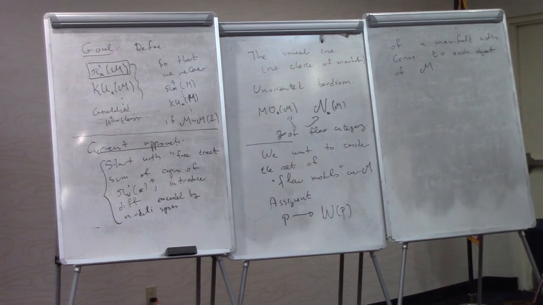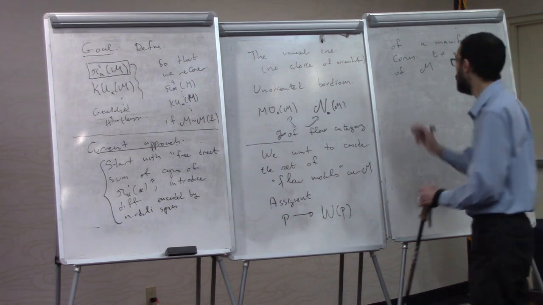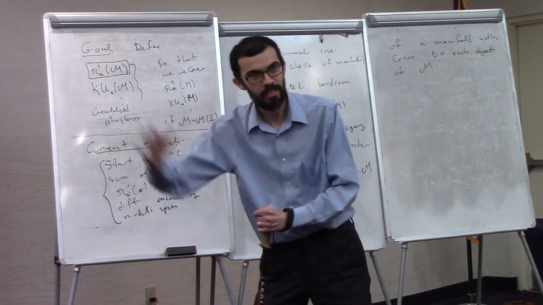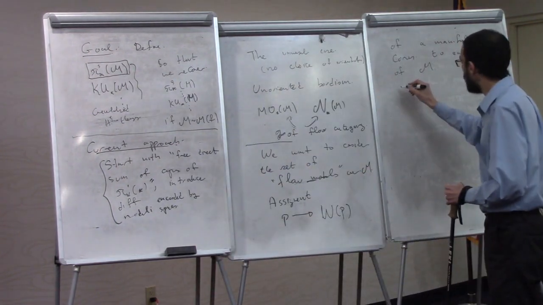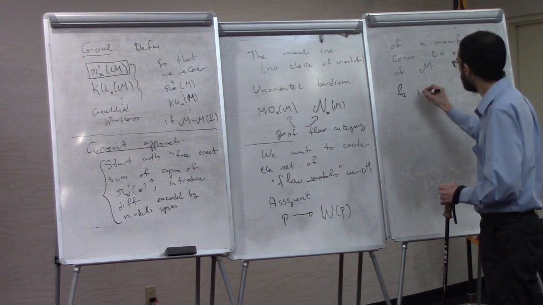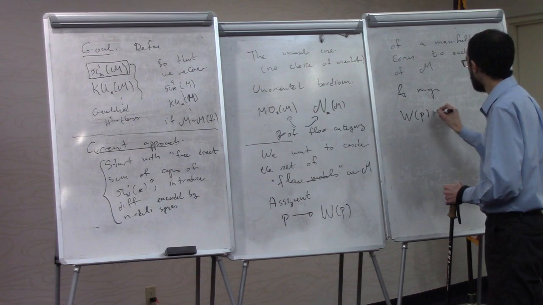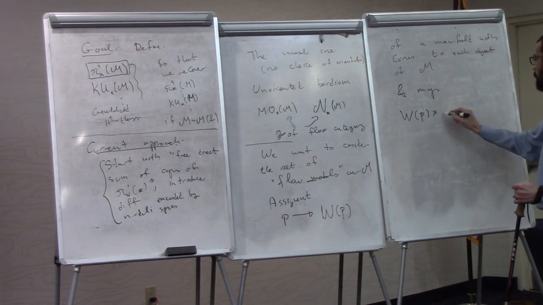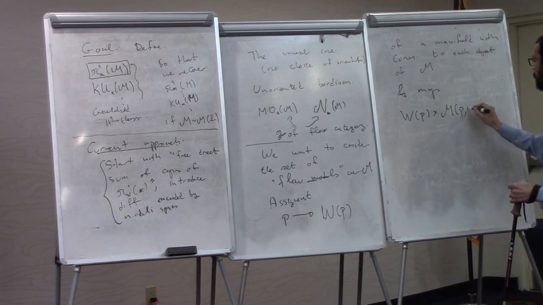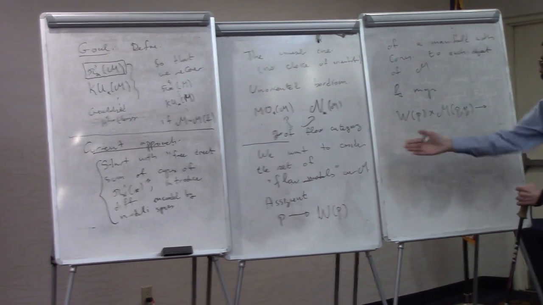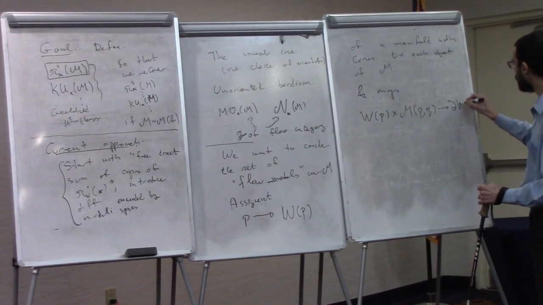And now we need one more piece of data, because I already said it's a module. You should think of it as a module over this category. So that means with maps W_P cross the space of morphisms, well, this is a manifold with corners, so I'm going to write a boundary of W_Q.